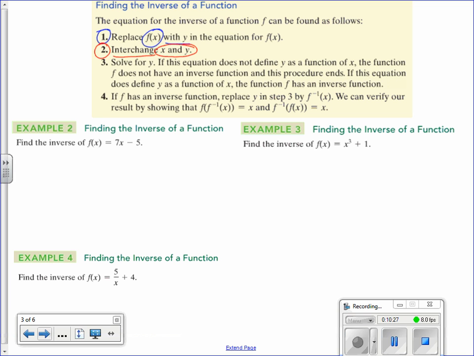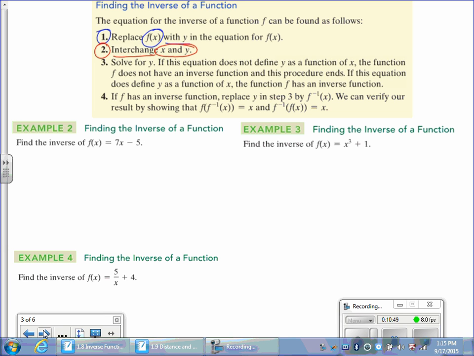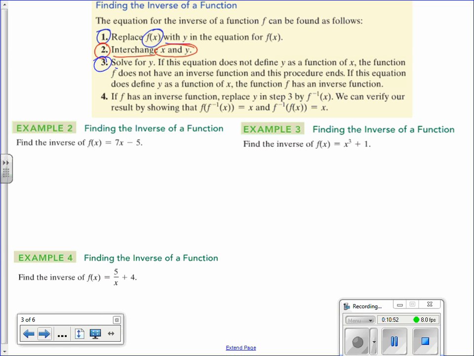And you do not change them to the opposite sign. You simply switch one with the other. And if x is positive and y is positive, then both will remain positive. What I mean is they both keep the sign that you started with. So we'll see some examples. And then the next step, step number 3, we're going to solve for y.